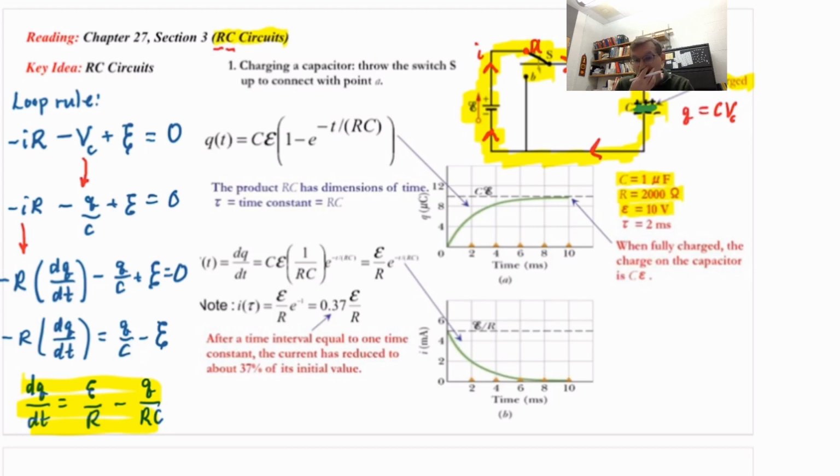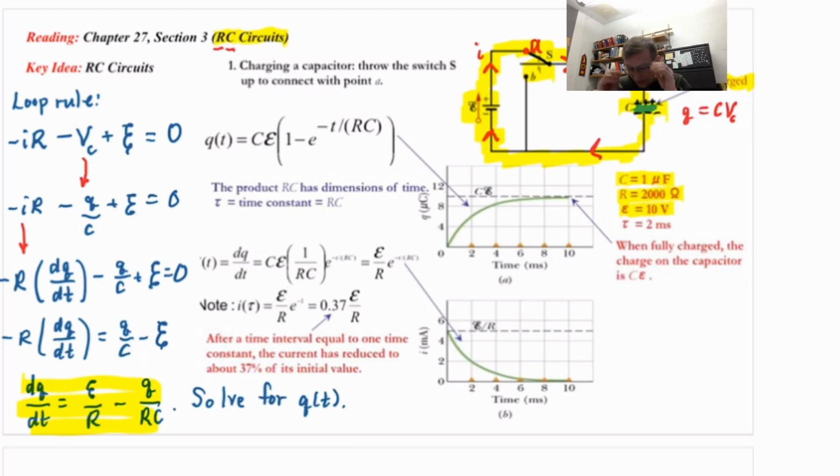When you have a differential equation for a variable, in this case Q, you want to solve it. When you solve that equation, you would get the Q, the charge on the capacitor, as a function of time. And that's what we want to do. We want to get Q as a function of time.